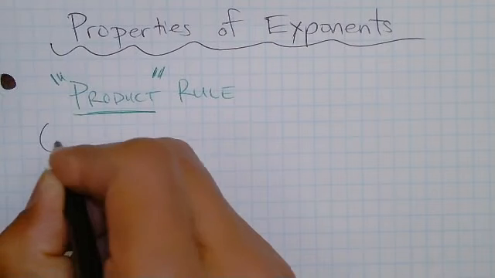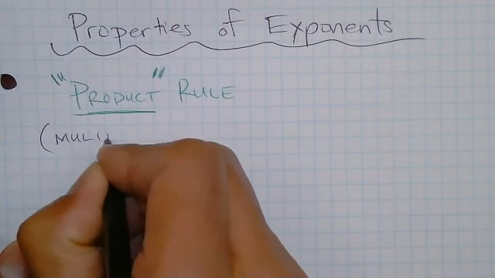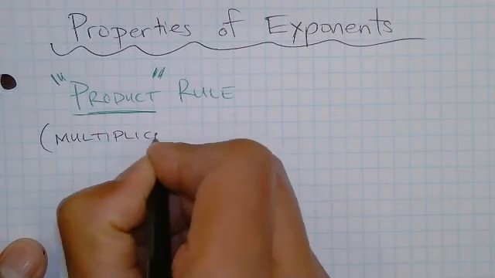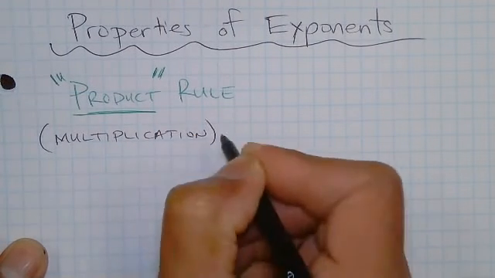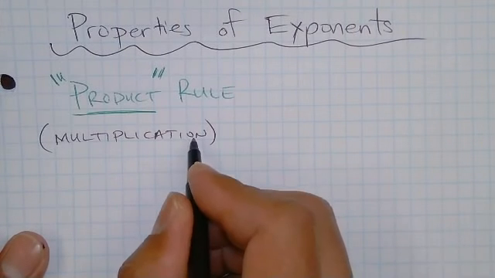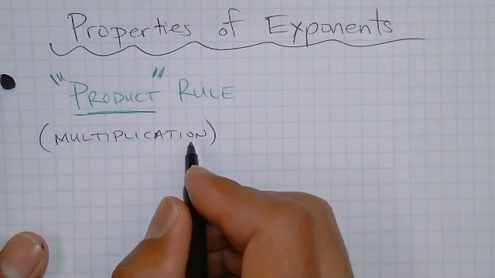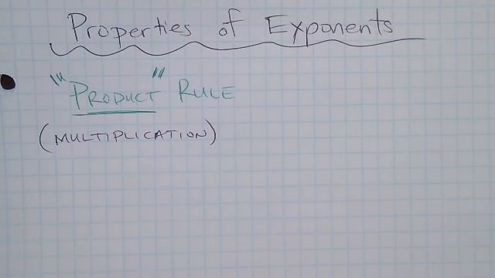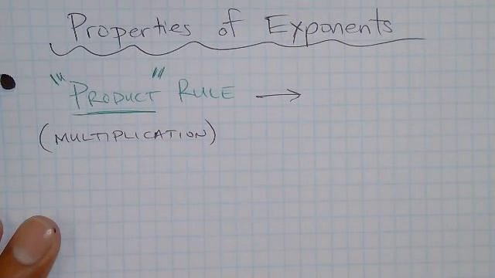This is the multiplication rule. But, you know, they just use fancy words. A multiplication rule for exponents. Something about when you multiply. Does anybody remember something about when you multiply what the product rule is? When you're multiplying exponents?